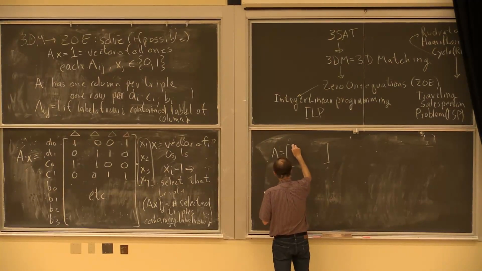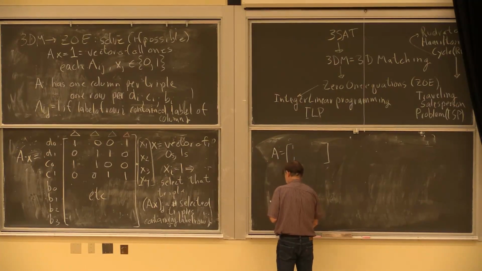So there's the first column. Here's the second column. Here's the third column. And here's the fourth column.